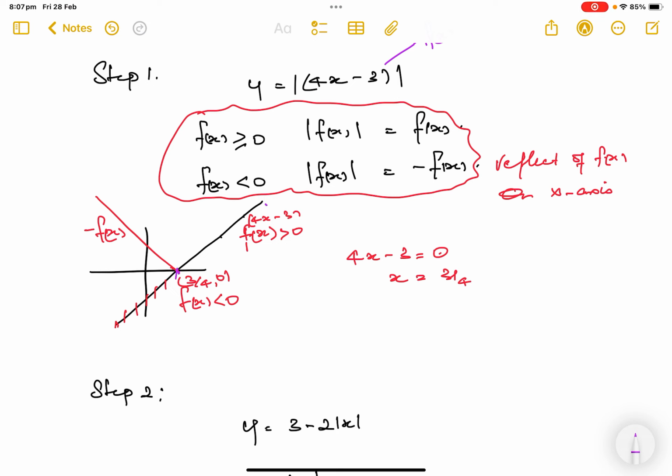This one, the point is 3/4 because y equals 0. So 4x minus 3 equals 0, therefore x equals 3/4, y of course 0. And for the y-intercept, 4x minus 3 is y, x is equal to 0, so minus 3 equals y.